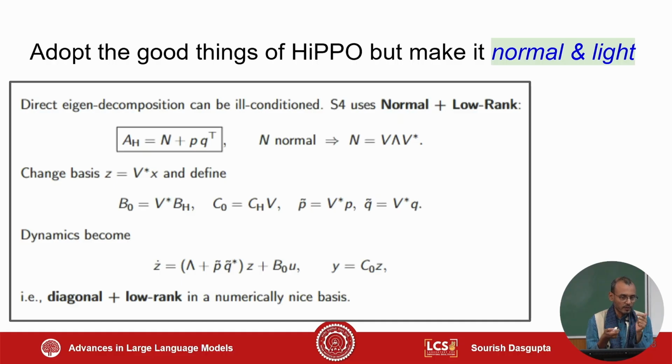What makes that happen is that when you move that to the Z form, you only get the lambda matrix to deal with, together with the low rank version of it, which is P tilde Q conjugate tilde, where P tilde is V conjugate P and Q tilde is V conjugate Q, where V is basically the eigen matrix when you decompose A Hippo.